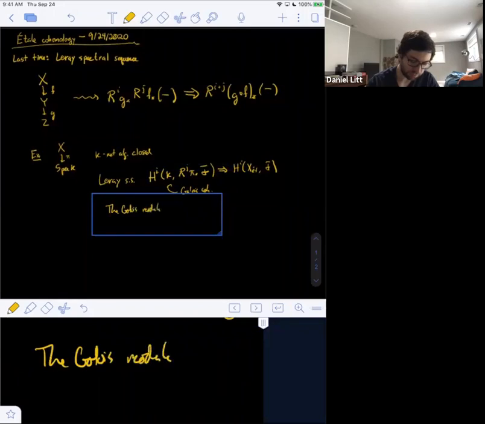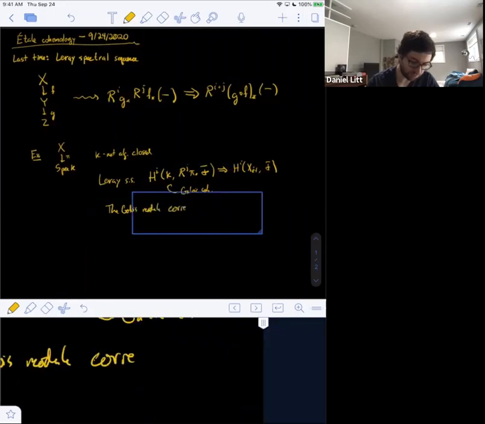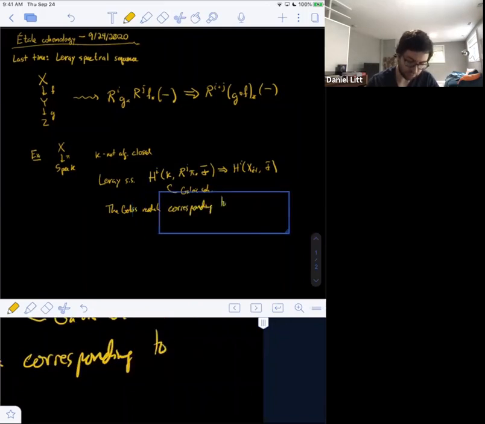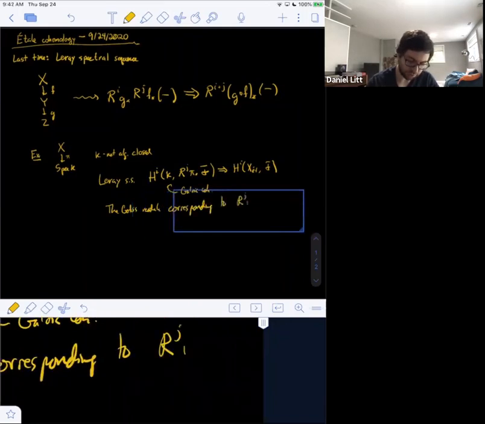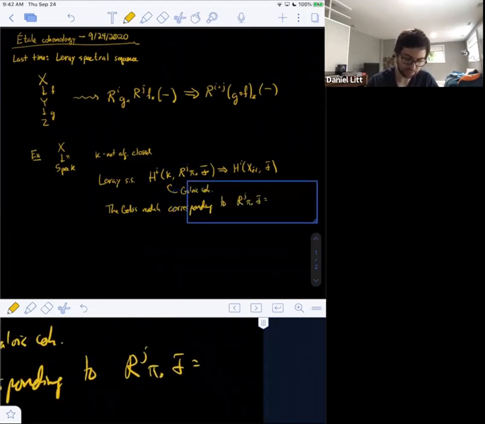If you unwind that, what you actually get is that the Galois module corresponding to R^j pi_* of F is what? Can anyone tell me? What do you get when you take the K-bar points of this functor?